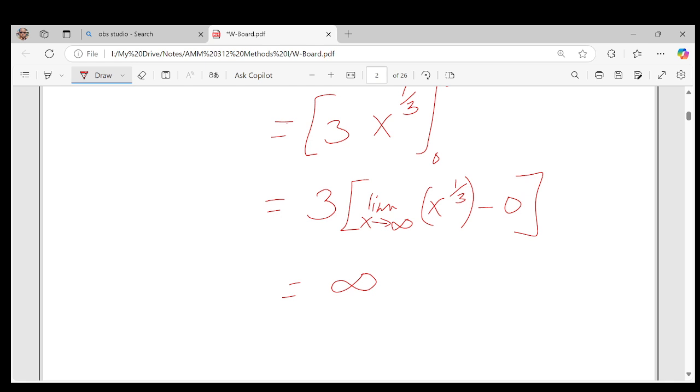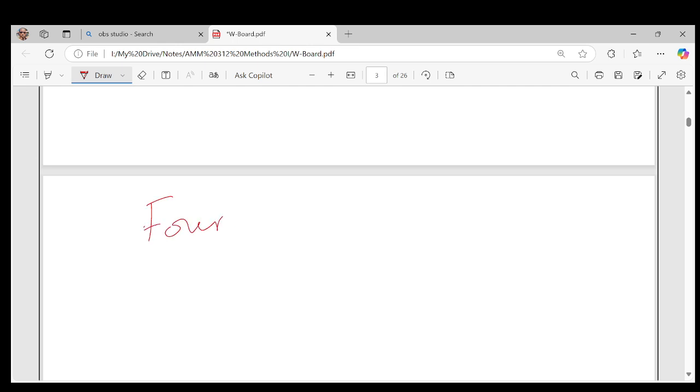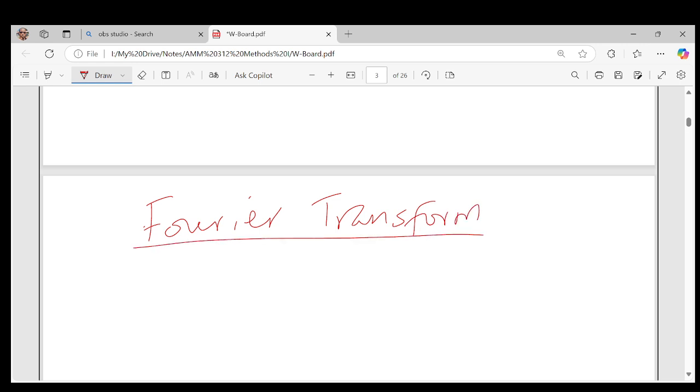So now, the reason why we needed to define the absolutely integrable function is because the Fourier transform is defined for only functions which are absolutely integrable. So when we talk about the Fourier transform, we require that the function be absolutely integrable.